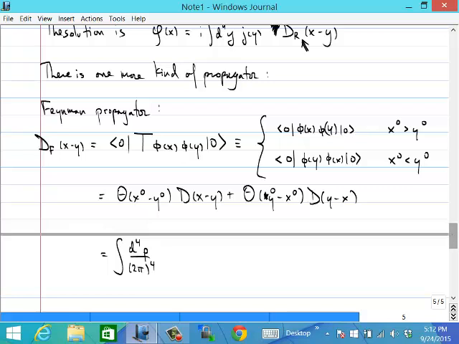Just as with the commutator and the retarded propagator, we can describe this as an integral d4p of the momentum space propagator i over p squared minus m squared times e to the i p dot x minus y. And the only thing that we need to keep track of is which contour we're integrating over.